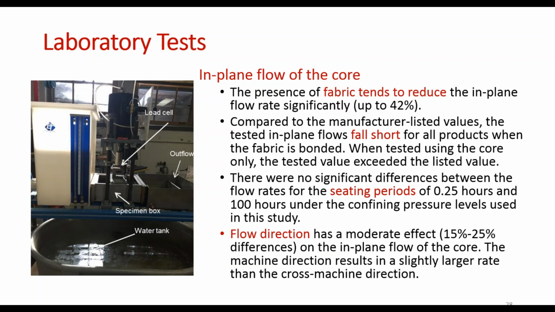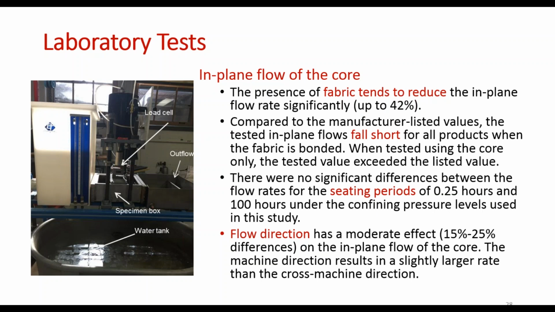But when we tested without the fabric, the drainage capacity is much larger, and it actually exceeds the listed value. This highlights the importance of the intrusion of the fabric, so when we design, we need to consider the effect of the fabric.